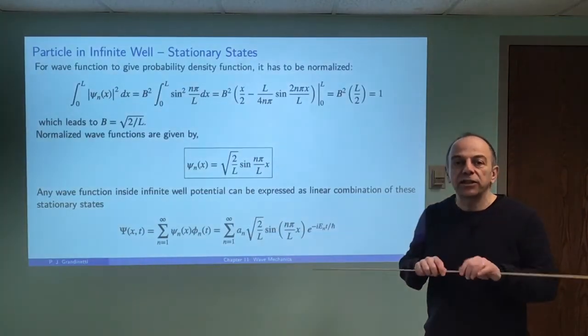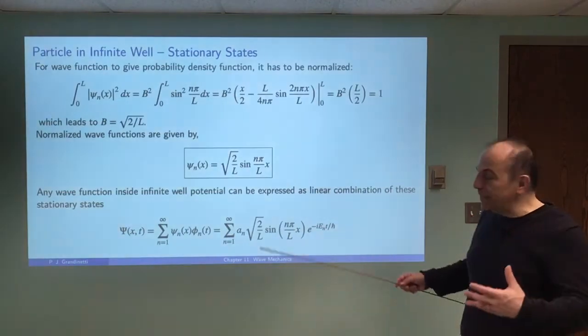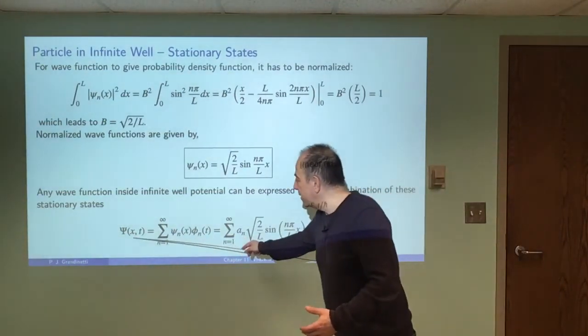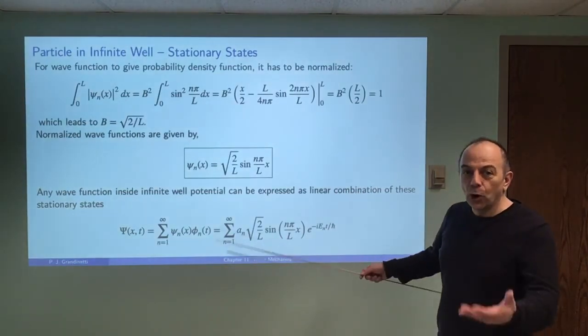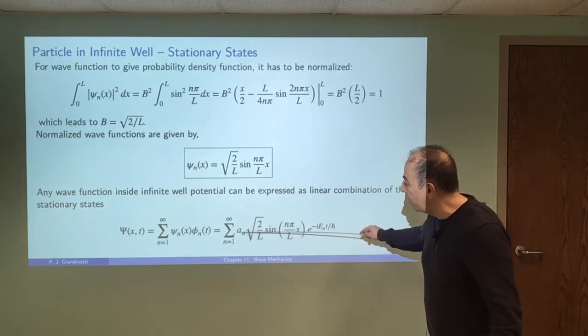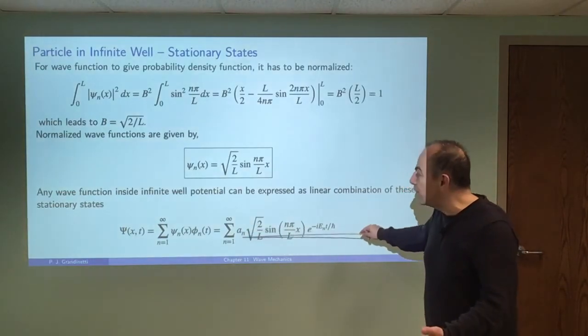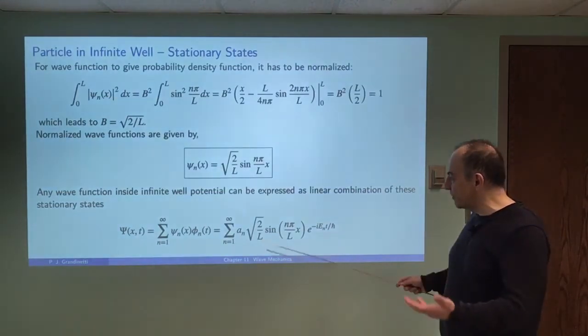Any linear combination of these will also be a valid solution. So generally speaking, any wave function inside this box will be some linear combination of these normal modes, these stationary state wave functions, with some unknown coefficient here, which we could decompose with some kind of Fourier series, for example.